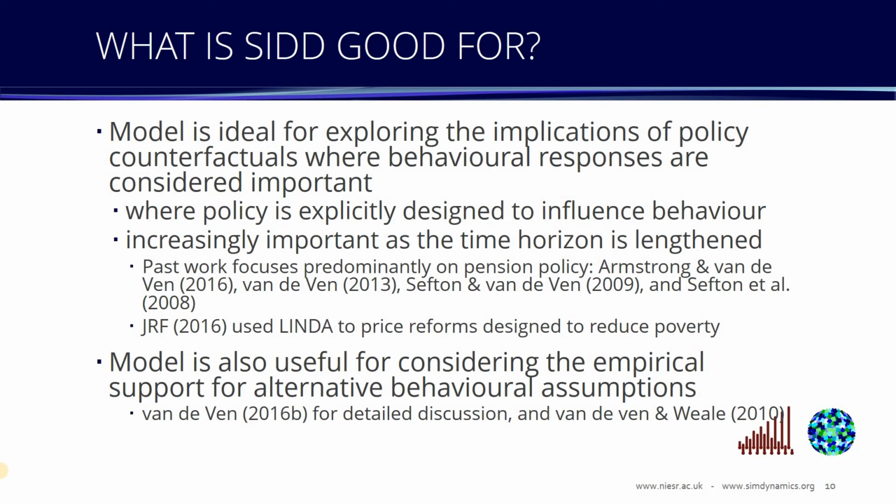I should also note that the time horizon nature of this model was an important consideration in the model's adoption by the Joseph Rowntree Foundation for pricing and quantifying the effects of the reforms that they advocate in their 2016 anti-poverty strategy that was published just last year.